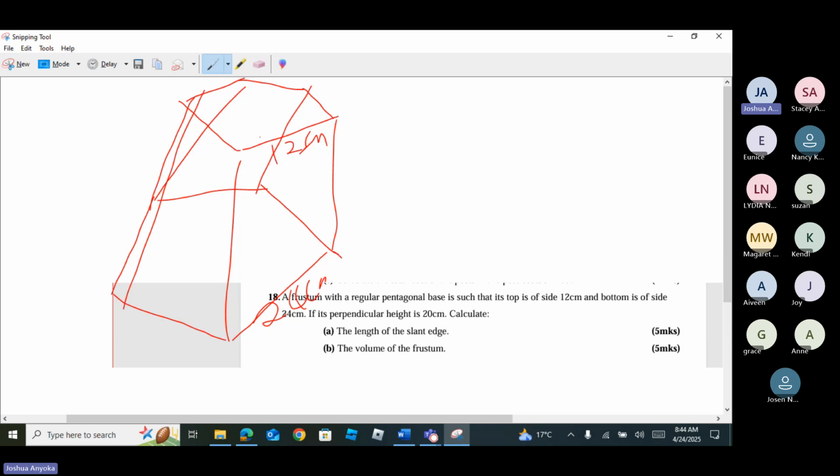If its perpendicular height is from the middle to the middle, it is 20 centimeters. Calculate the length of the slant edge. And then the volume of the frustum.